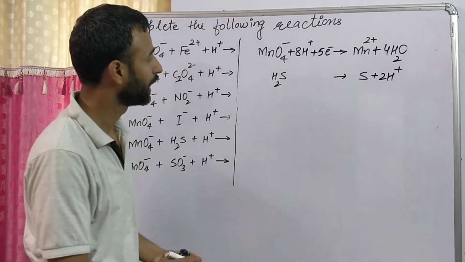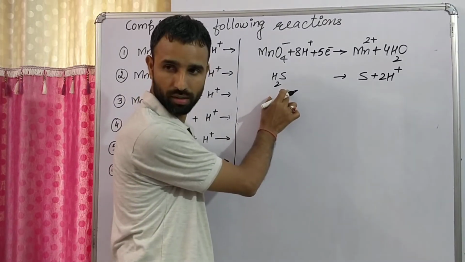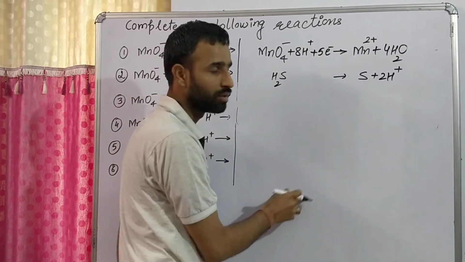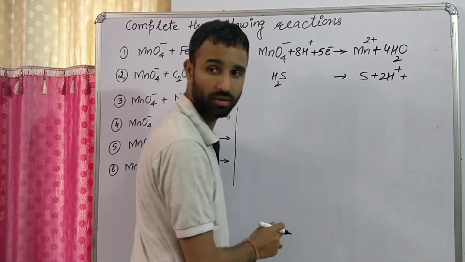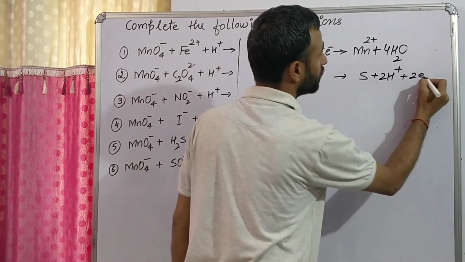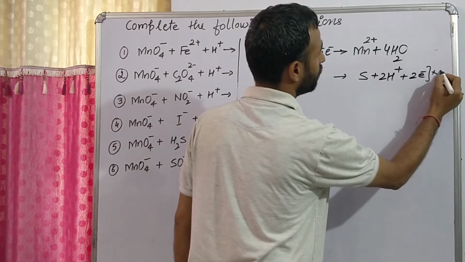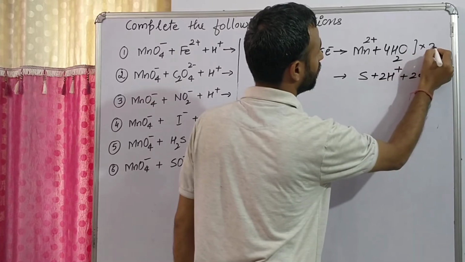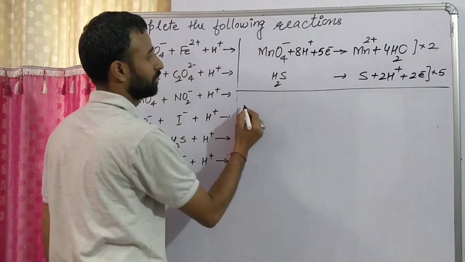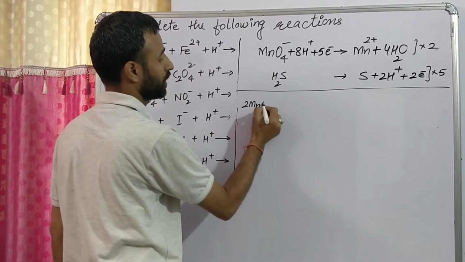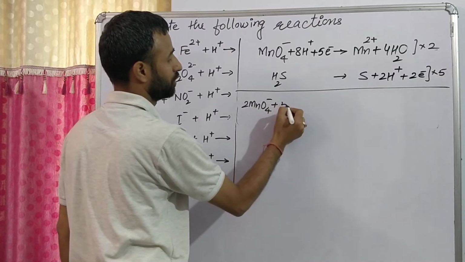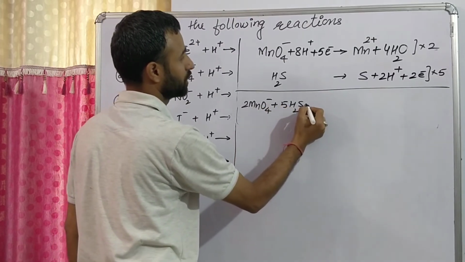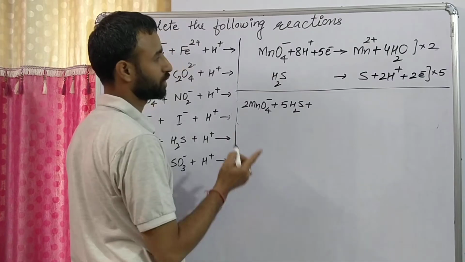Now this side is neutral. On the other side 2H plus. So we add 2 electrons to balance it. Now again we multiply by 5 and by 2. So write 2 MnO4 negative plus 5 H2S plus H plus ion.